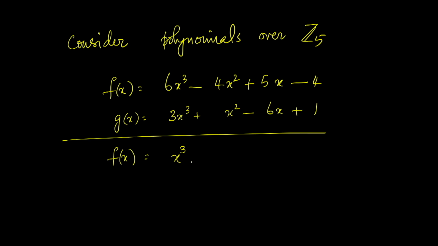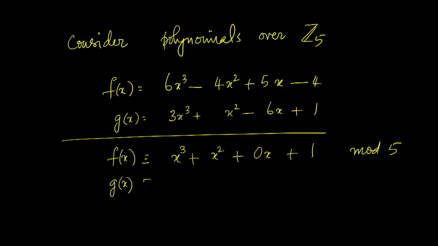Minus 4 is congruent to 1 modulo 5, so this can be written as x squared. 5x is divisible by 5, so we have 0x, and then minus 4 is congruent to plus 1 again, so we have plus 1. So, f of x can be written in this simplified form modulo 5.